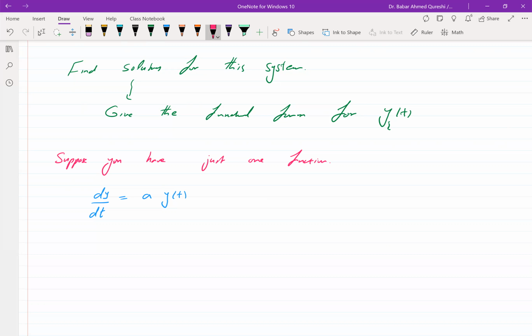I can just check that solution is y of t is some constant, which I'm gonna write as x, times e to the a t.